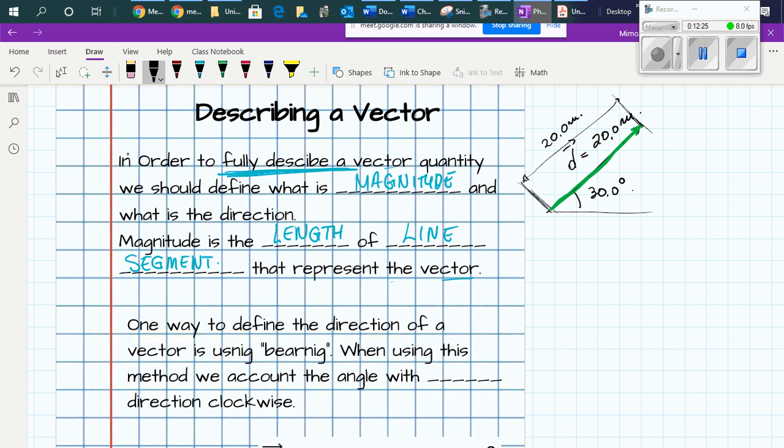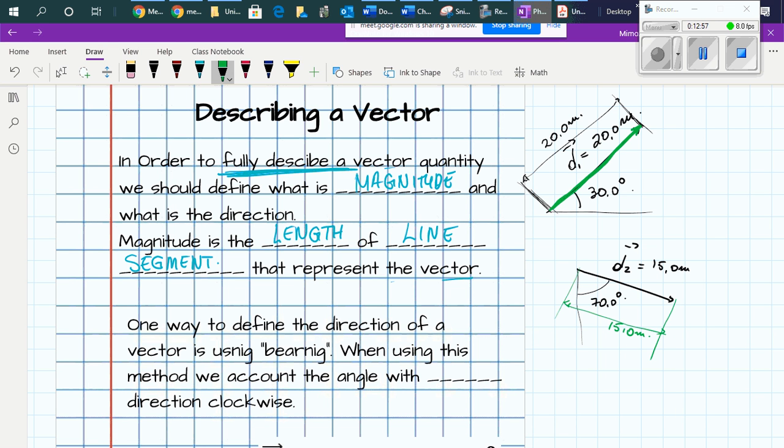And if we take another vector, let's say a vector D2 now, if this is D1, then D2 has 15 meters, and it is with an angle of 70 degrees. Then the length of this line segment here will represent the 15 meters.